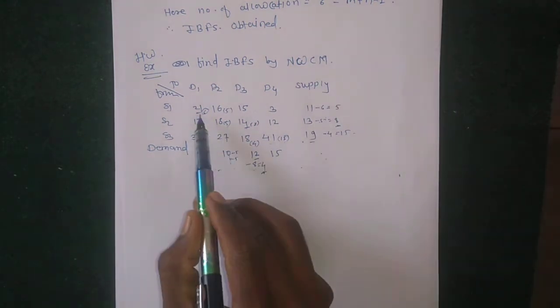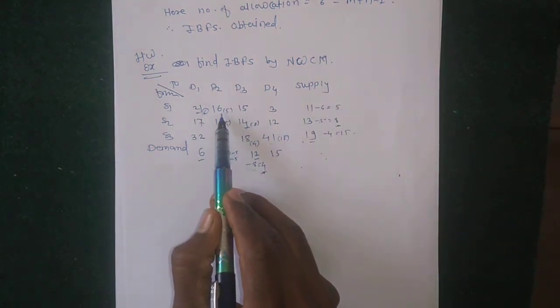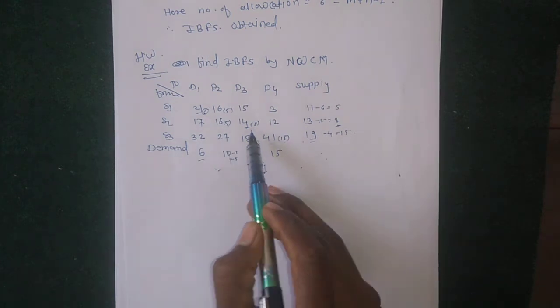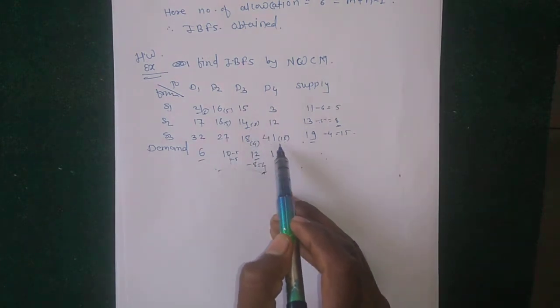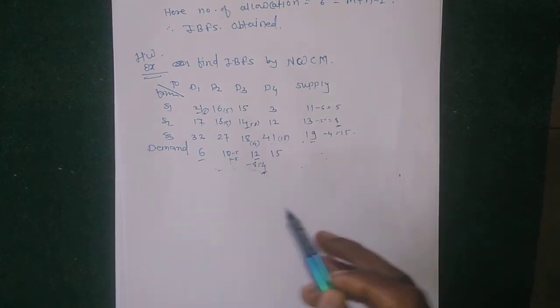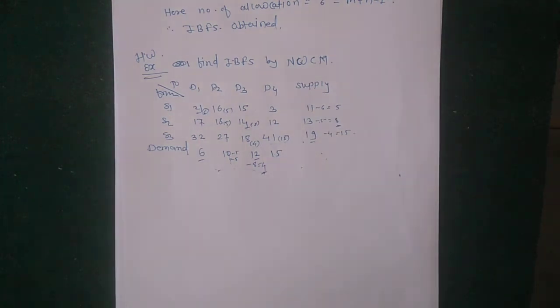Take their costs: 21 into 6 plus 16 into 5 plus 18 into 5 plus 14 into 8 plus 18 into 4 plus 41 into 15, and find the total cost. In this way.